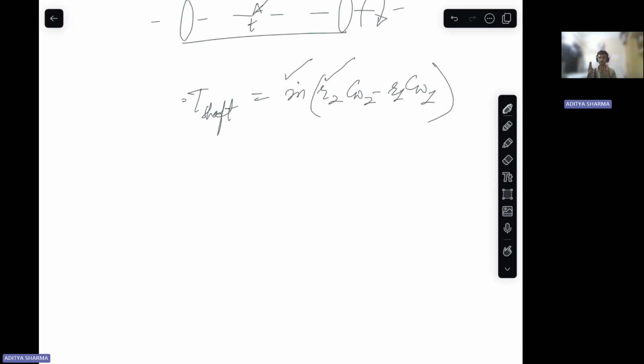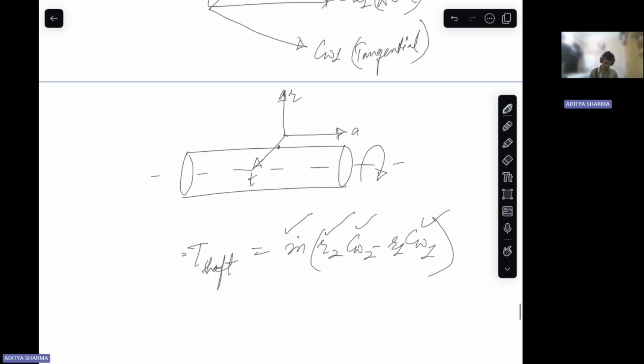At this point and this point, this is 1 and this is 2. At 2, what will be the radial position? At 1, what will be the radial position? If this is the shaft, something like this, with tangential velocity C omega 2 and C omega 1.